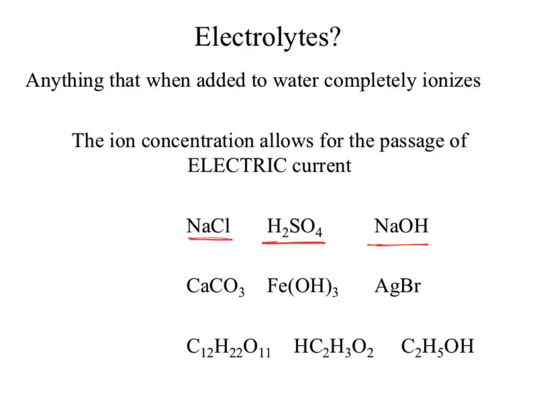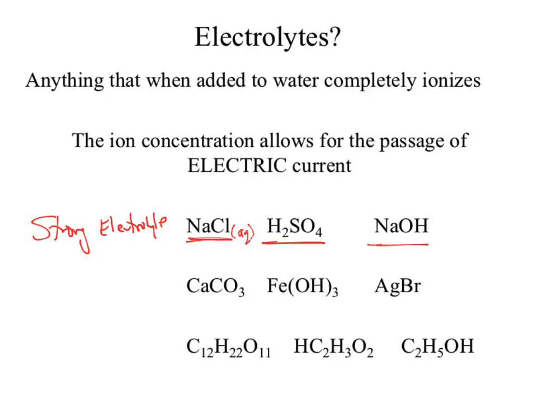What happens when we add sodium chloride to water? It completely ionizes into sodium ions and chloride ions. That's what happens when it dissolves. We have a strong electrolyte. How do we know it ionizes? Sodium chloride, when we add it to water, gets the AQ suffix.